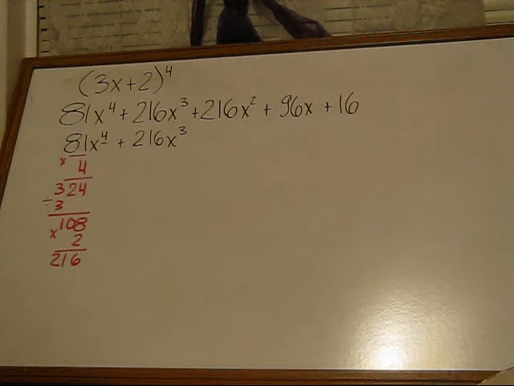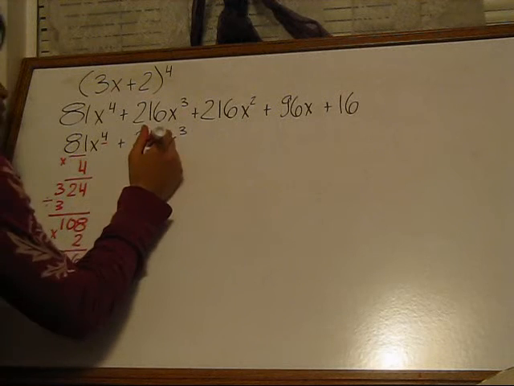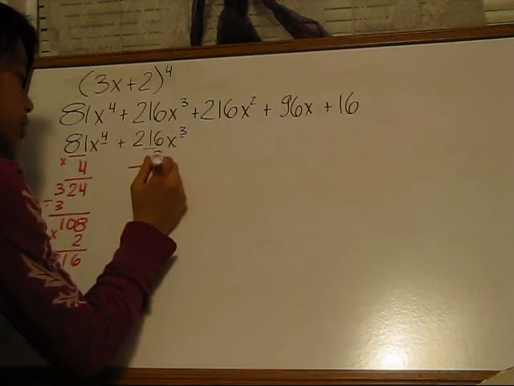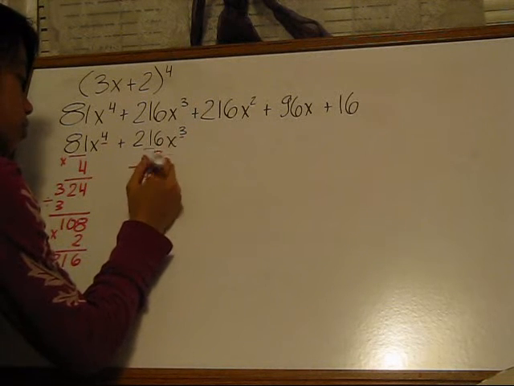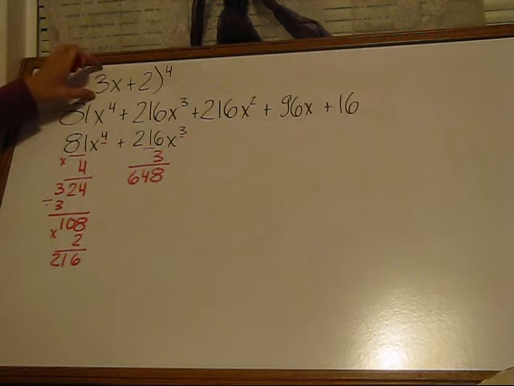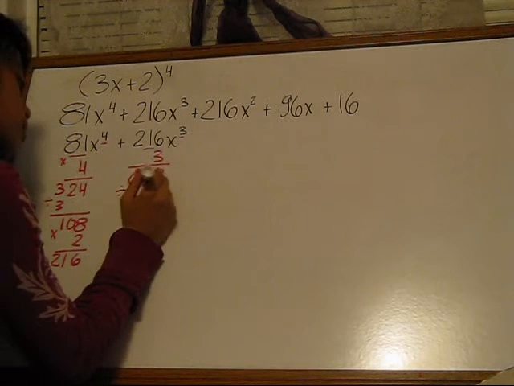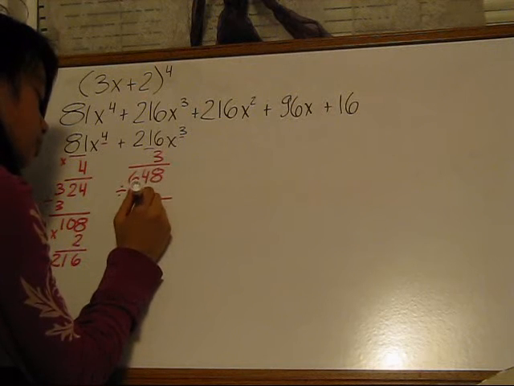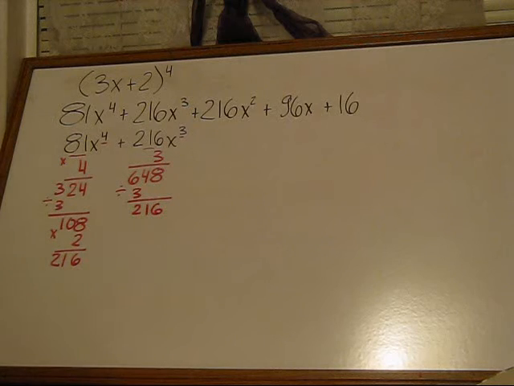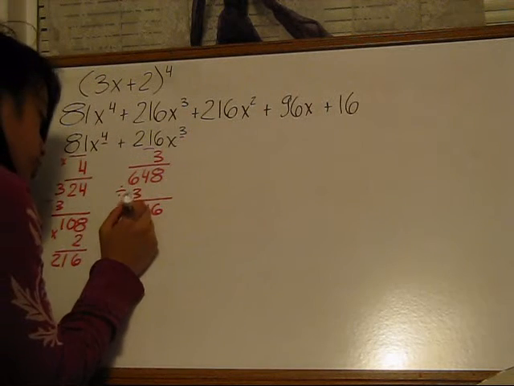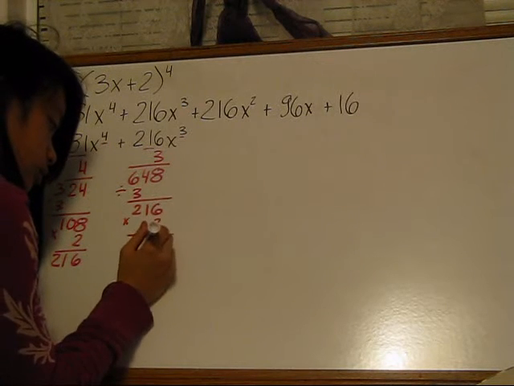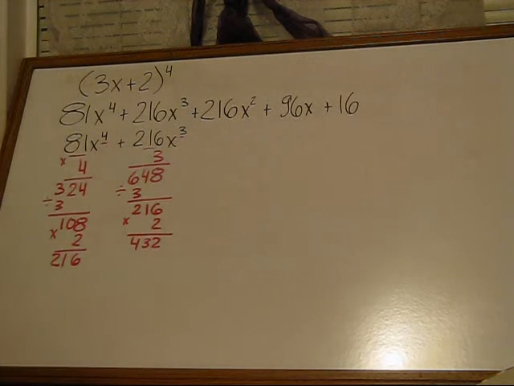Okay, next you do the same thing again, which is taking this, multiplying by the exponent, 3. 216 times 3 is 648, and then you divide it by 3, or 216, multiply by 2, 432.